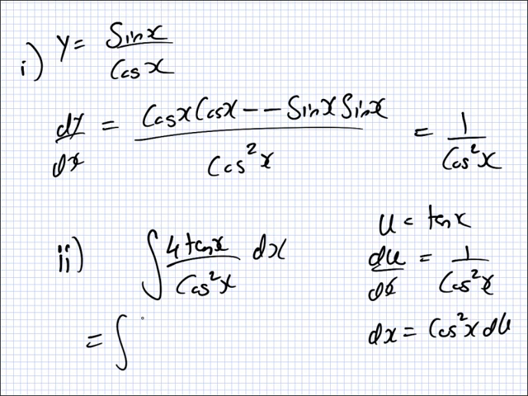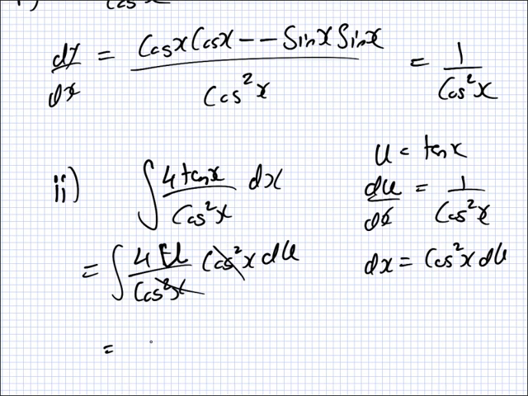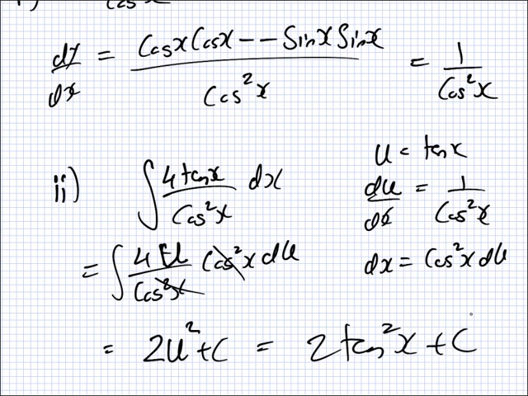So this is equal to 4u over cos squared x times cos squared x du. Cancel, cancel. If I integrate 4u, I think I get 2u squared plus c. So the answer is 2 tan squared x plus c. Okay.